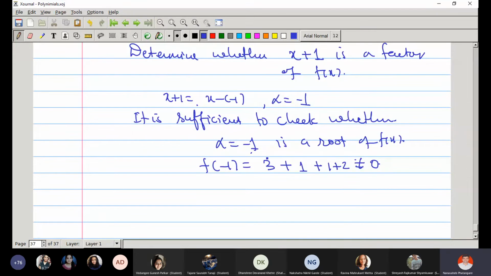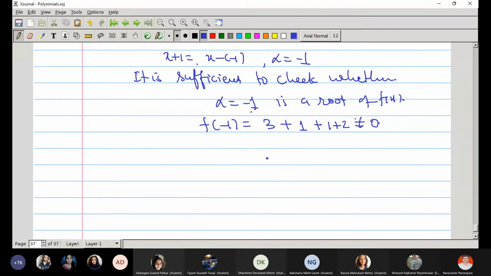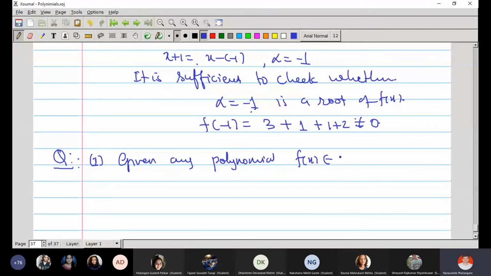Now there are several questions. What are the natural questions that can be raised? If given any polynomial f of x in P of x, does it possess a root?